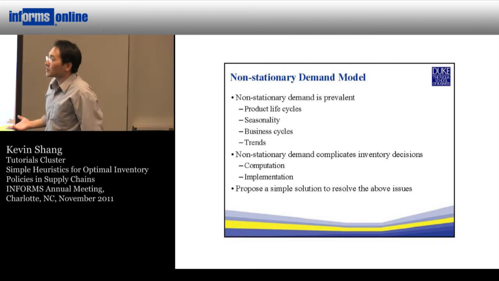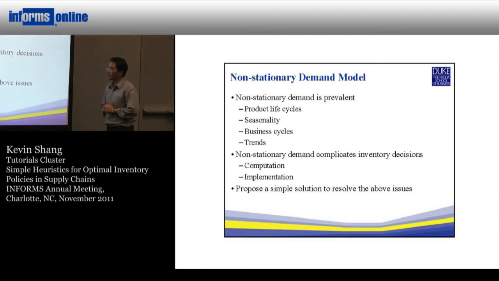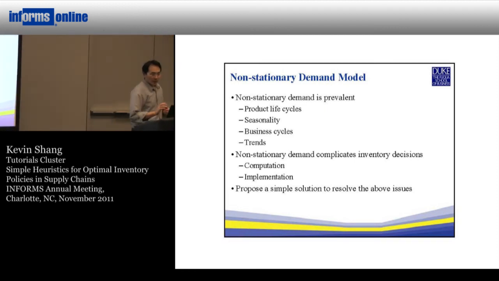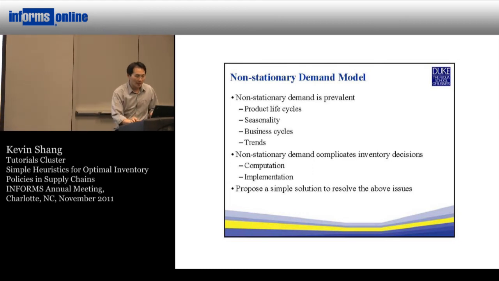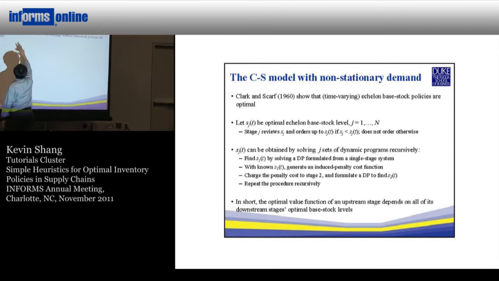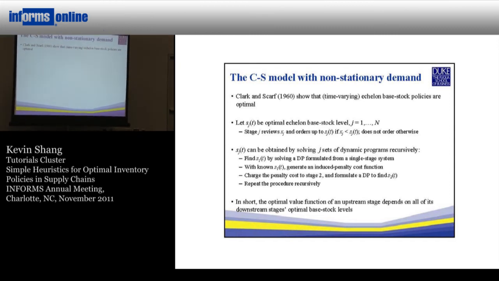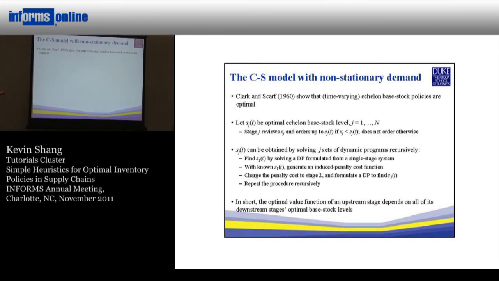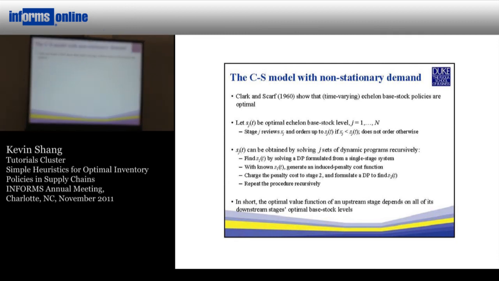So how do we come up with a simple solution to resolve this issue? I actually have a slide here, so CS is Clark and Scarf. Okay, so Clark and Scarf showed that if demand is non-stationary, time-varying echelon base-stock level policies are optimal.